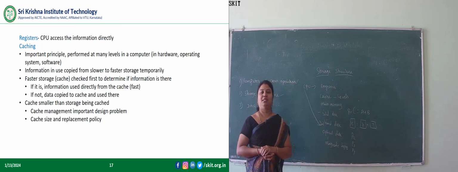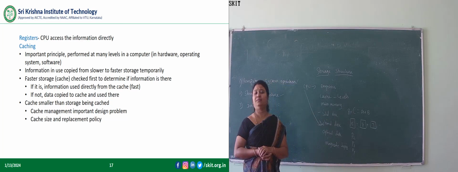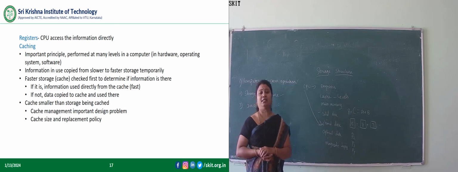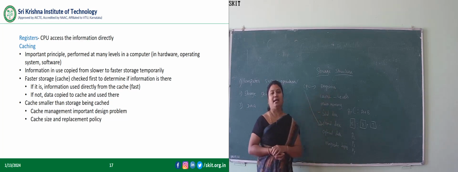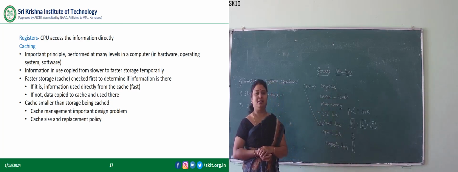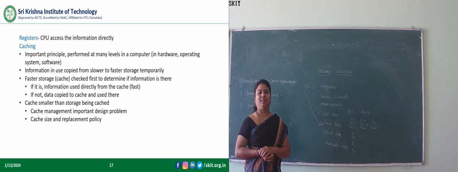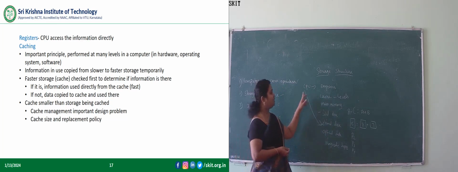An important principle is that we use different levels in the cache memory, and information is copied from slower to faster, because the hard disk is very slow. That's why it is copied to the cache memories for easy access. If information is used directly from the cache, it will be fast.